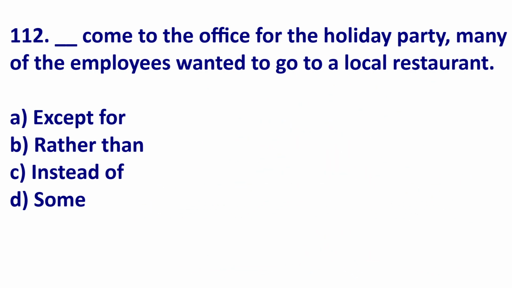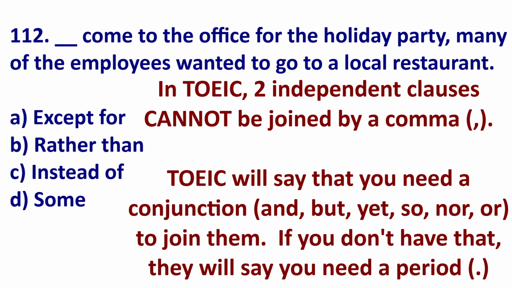These are two independent clauses. In Toeic, they will not join two independent clauses with a comma. You need a conjunction like and, or, but. You need possibly an adjective clause or an adverb clause. But these are two independent clauses.